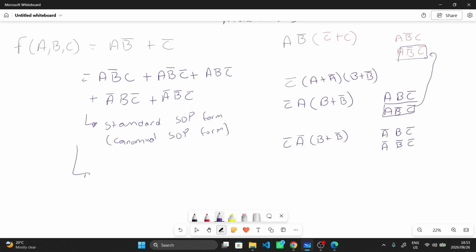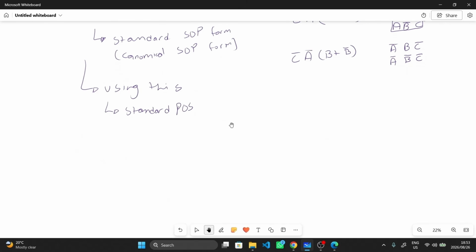And using this, you will get your standard POS, your max terms after the POS, as well as your min terms.